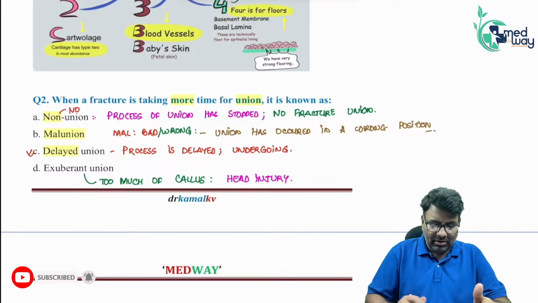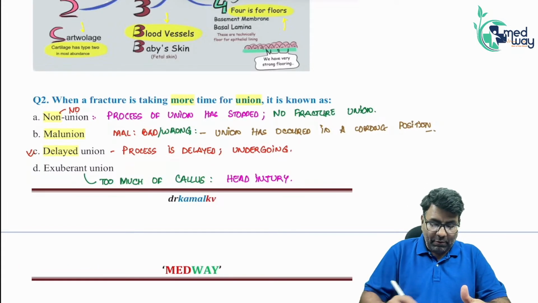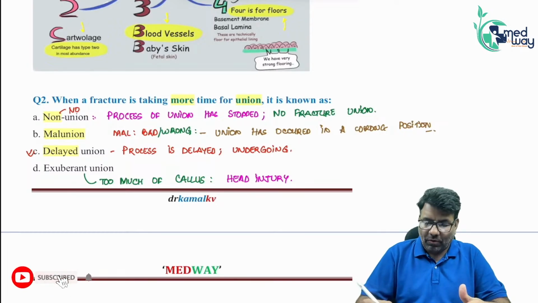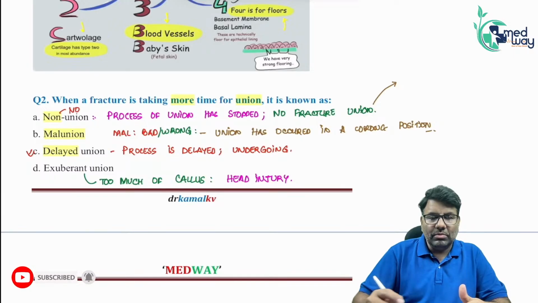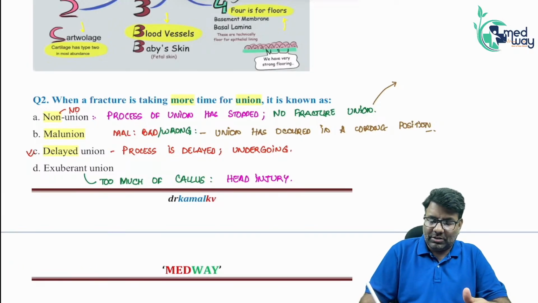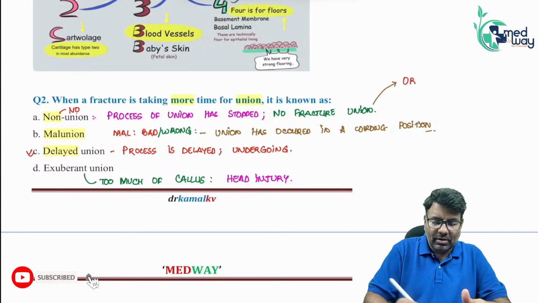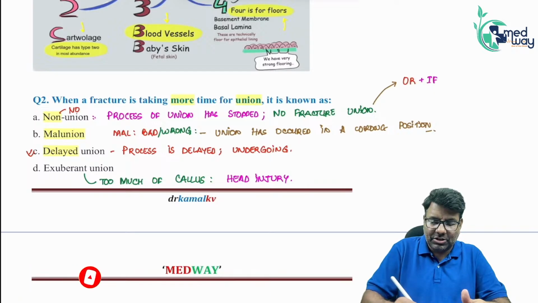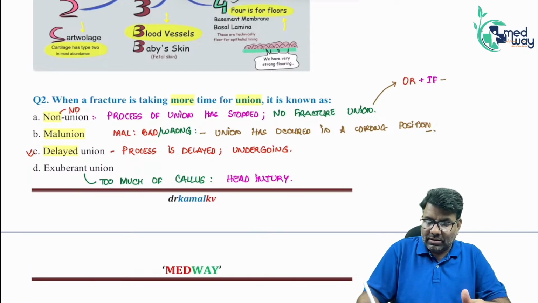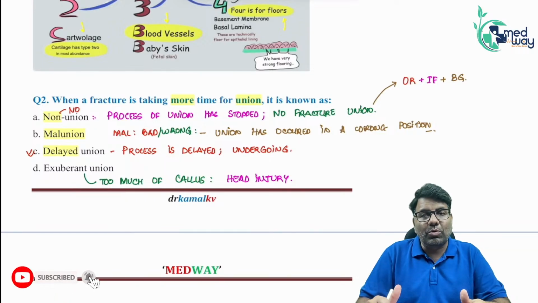ABC are really a little bit problematic in certain cases, and if there is non-union, obviously we have to do something to get union at the fracture site. So what can we do? We can do open reduction plus internal fixation plus we need to put cancellous bone graft so as to promote the chances of union, right?